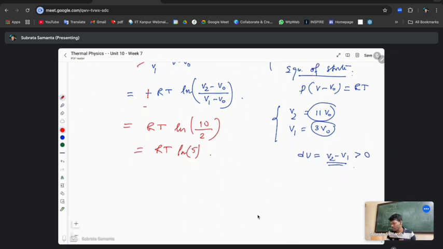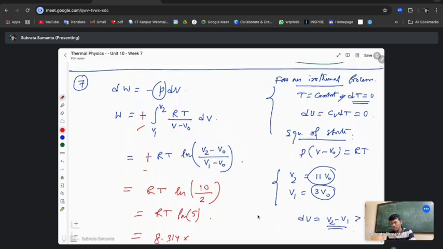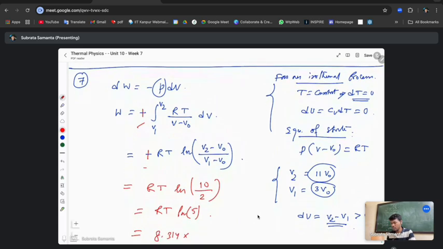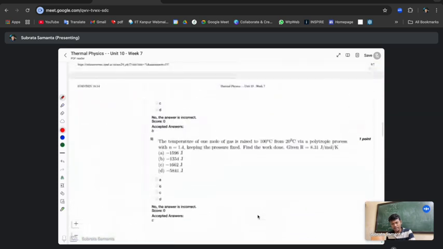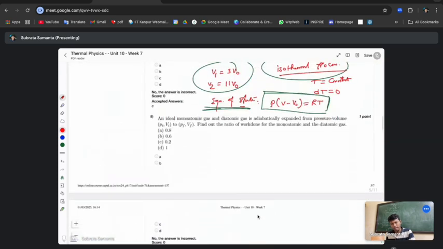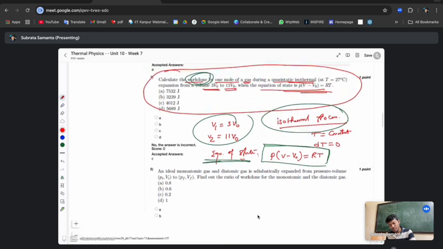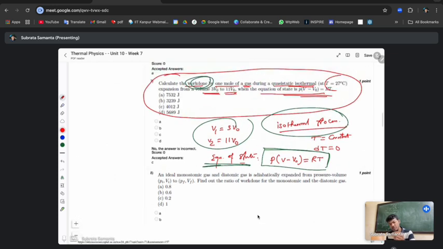So what is the value of R? 8.314 times what is the value of T? Is it isothermal expansion? So what is the value of T? Yes, T is 27 degrees centigrade, right?